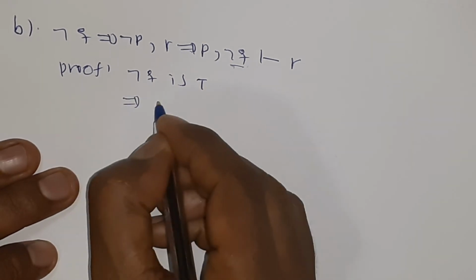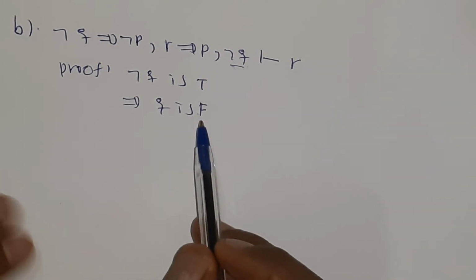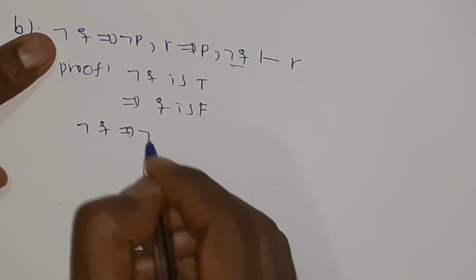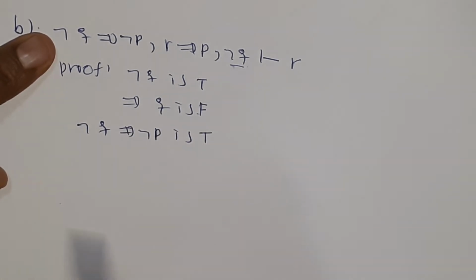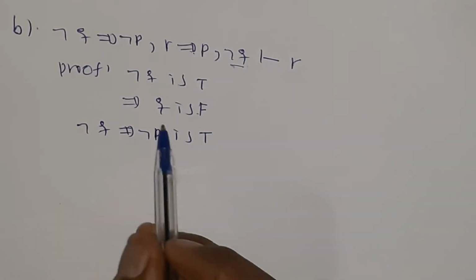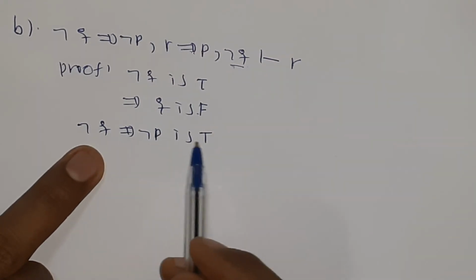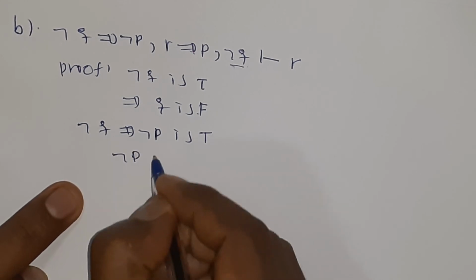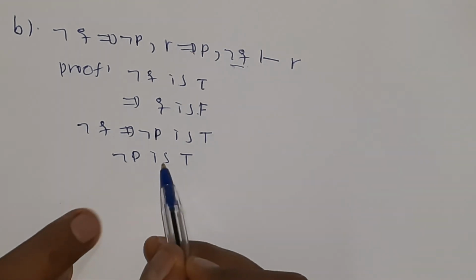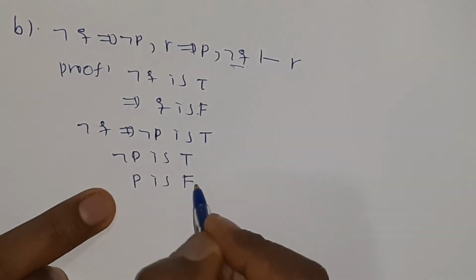This implies Q is false. If Q is false, from the first one, negation of Q implies negation of P is true, since it is again a premise. But negation of Q is true, so for this logical implication to be true, negation of P must be true.